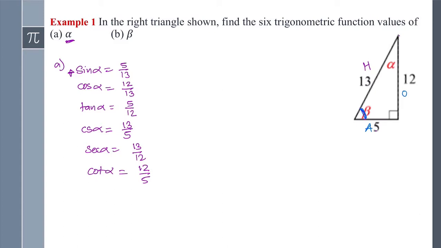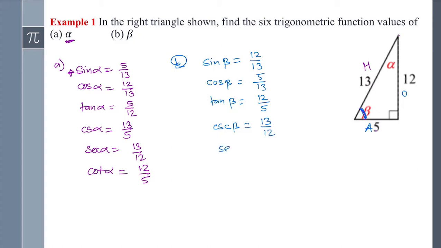Now for angle beta, sine beta equals opposite over hypotenuse, so that becomes 12 over 13. Cosine beta equals adjacent over hypotenuse. Tangent beta is opposite over adjacent. Cosecant beta is hypotenuse over opposite, or just the reciprocal of sine.